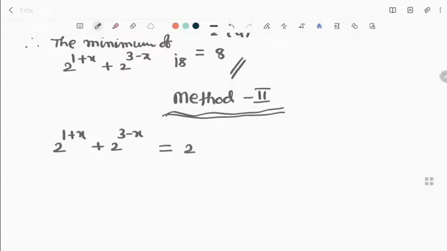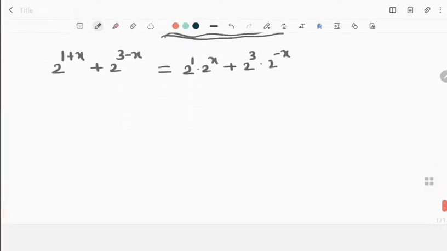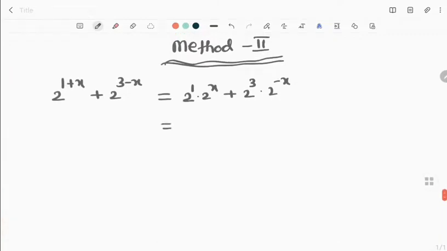Since a power m plus n means a power m into a power n, this can be written as 2 power 1 into 2 power x plus 2 power 3 into 2 power minus x. We can write it as 2 into 2 power x plus 8 by 2 power x, since 2 power minus x is 1 by 2 power x.